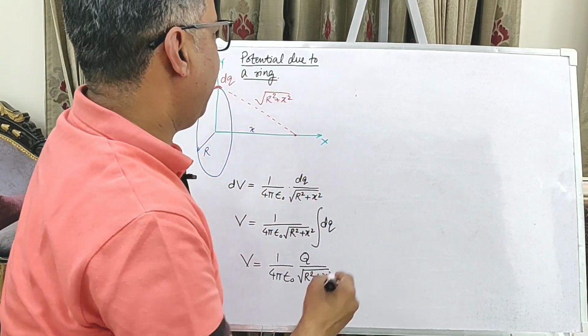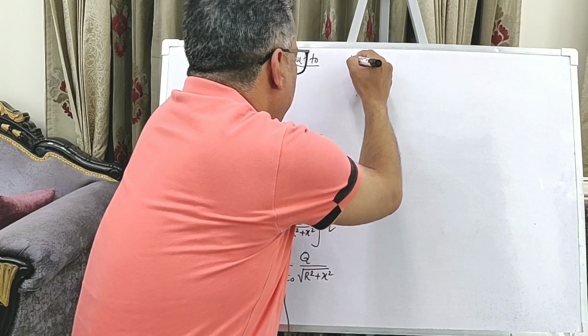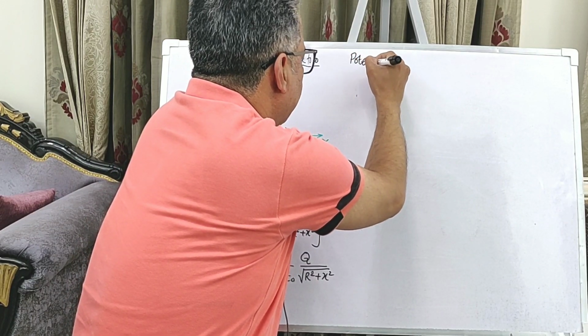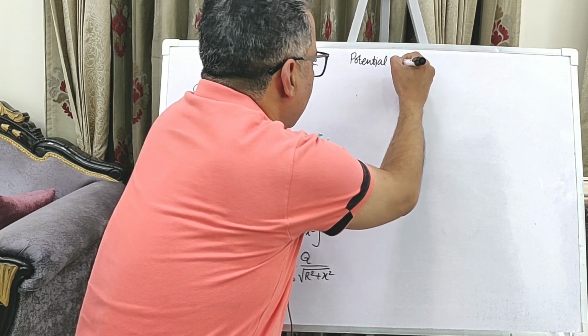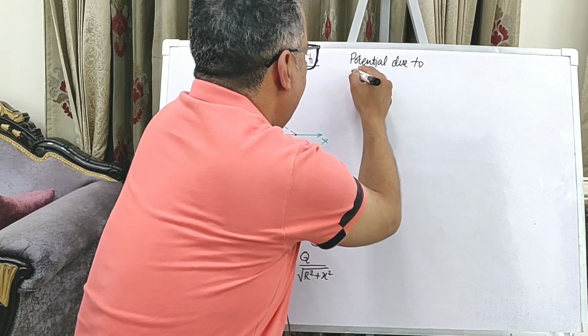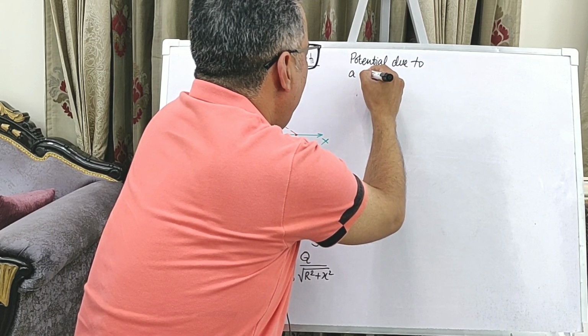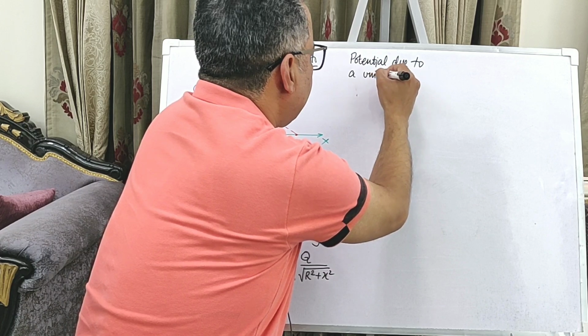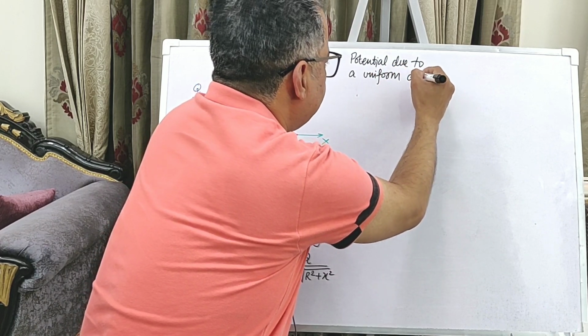And next on the line is potential due to a uniform disk.